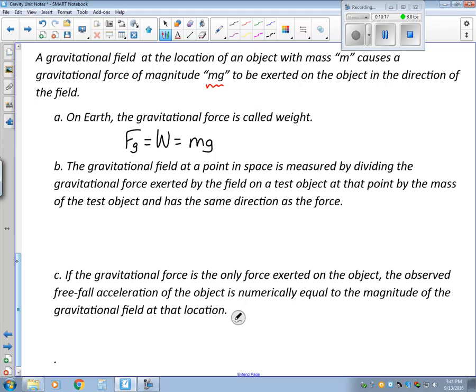So again, a gravitational field would equal a gravitational force divided by mass. Now notice this leads us to a new kind of mass. Earlier we talked about inertial mass. This mass is different. This is gravitational mass.